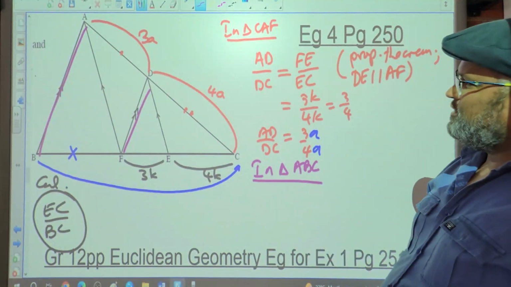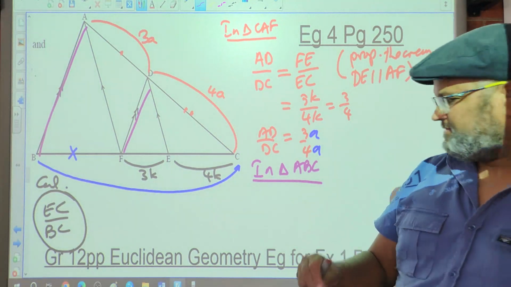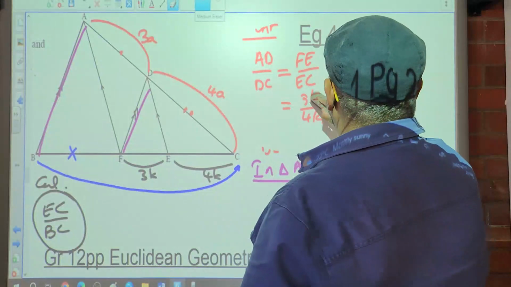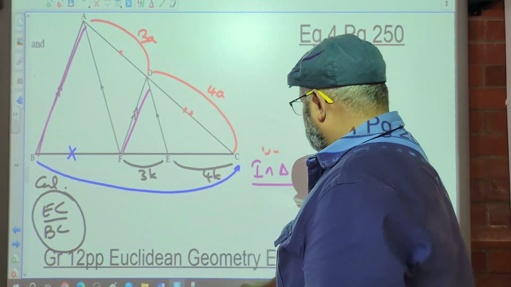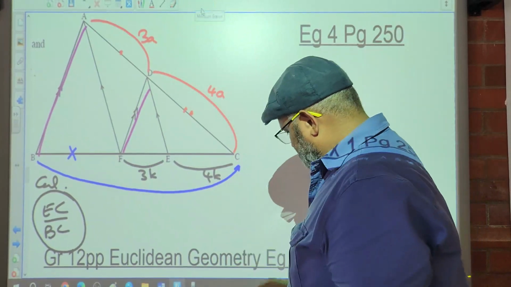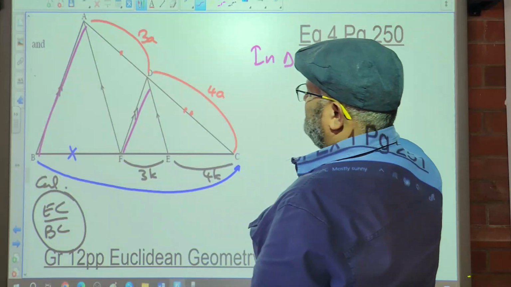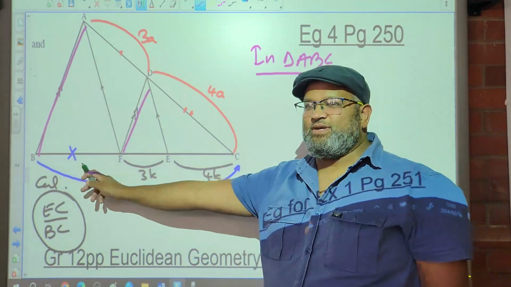So I must pick up BF. You all agree with that? Okay. I'm going to take this off here. So we say, in triangle ABC, I must pick this up here.